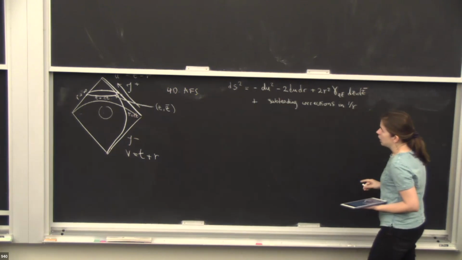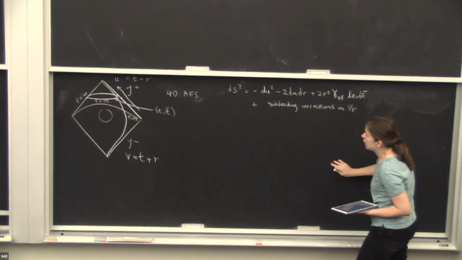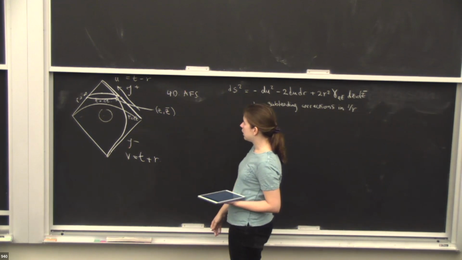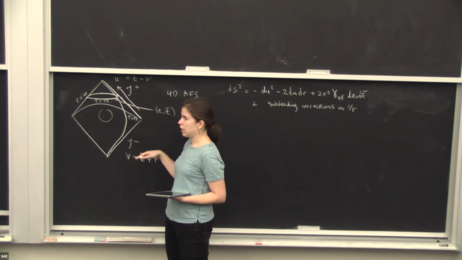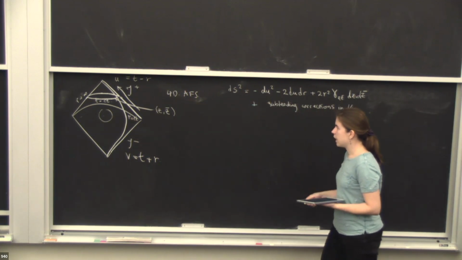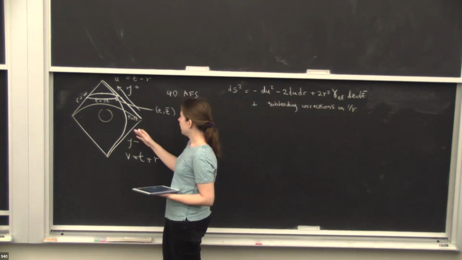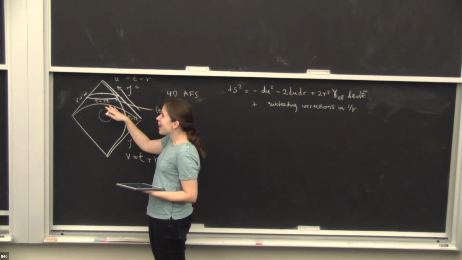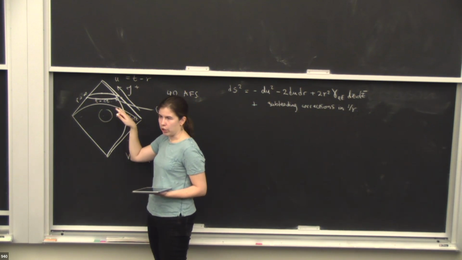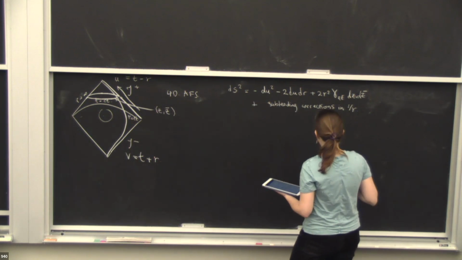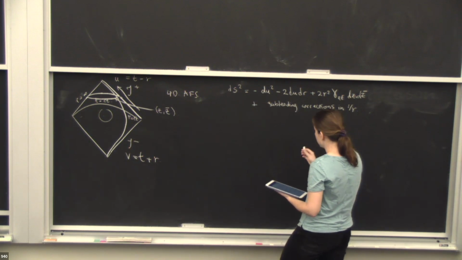And so early on, what was realized was that the asymptotic symmetries of such spacetimes contain the conformal group on some two-dimensional sphere. So how does that work? Let me just review.